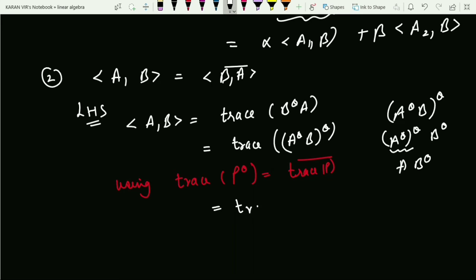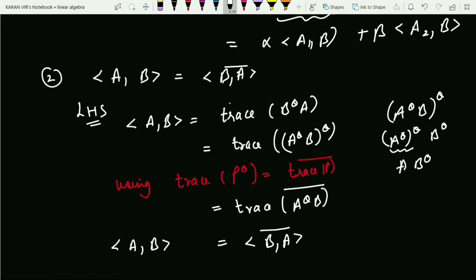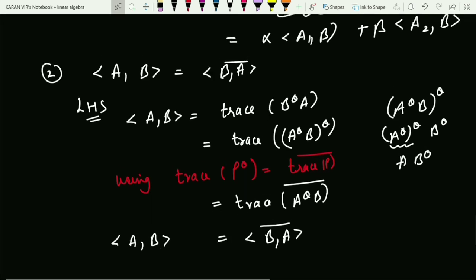This gives the conjugate of the trace of A theta into B, and this is nothing but my inner product of B with A. So what I have proved is that the inner product of A, B is equal to the conjugate of the inner product of B, A. So this property is clear to you.